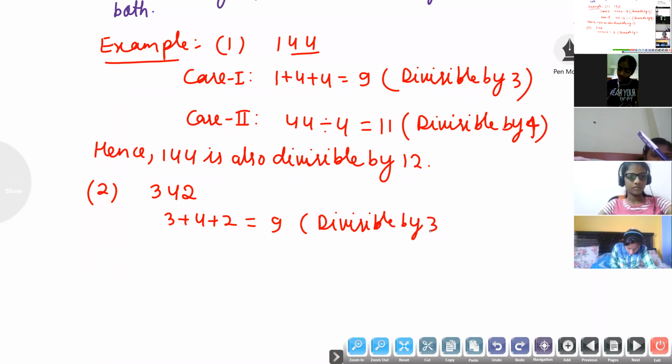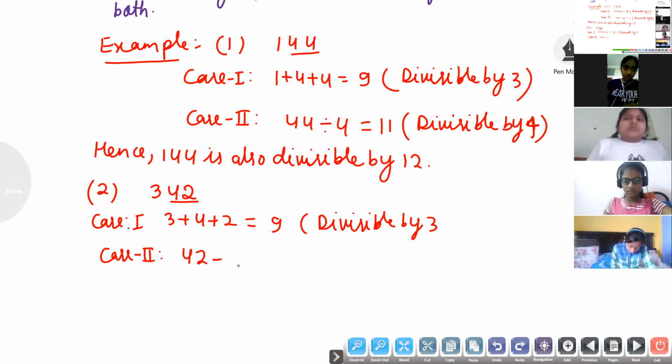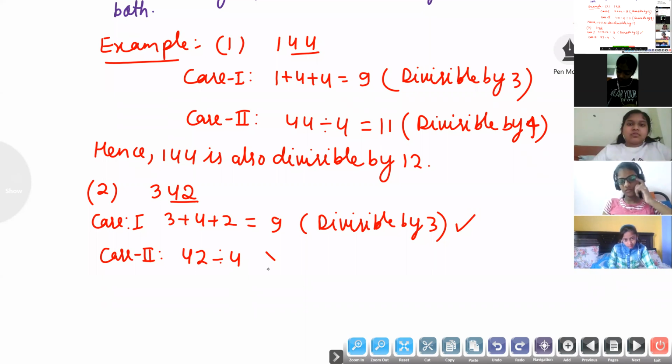This is case first. Case second: I want to check the last two digits, 42. Will 42 be completely divisible by 4? No, it will come in decimal. That's why we can say this number is satisfying only the first condition, the second condition is not satisfied.